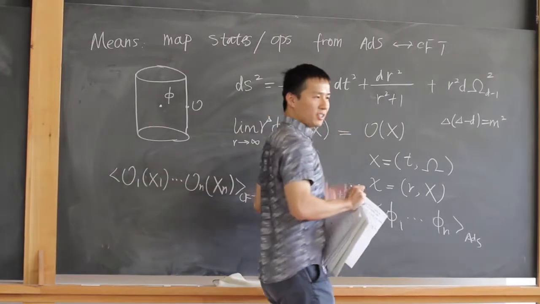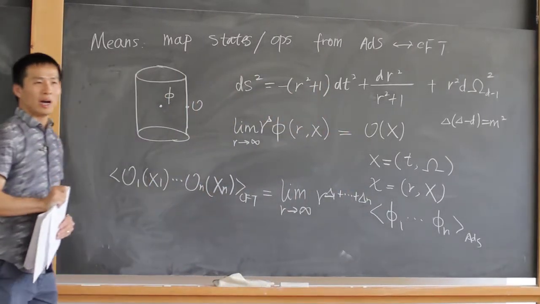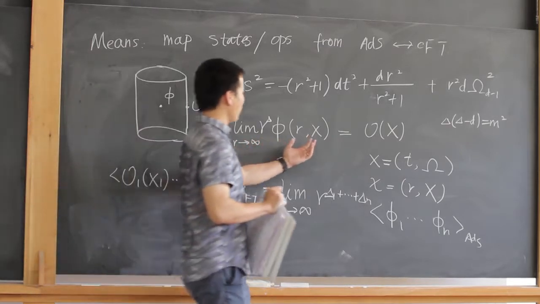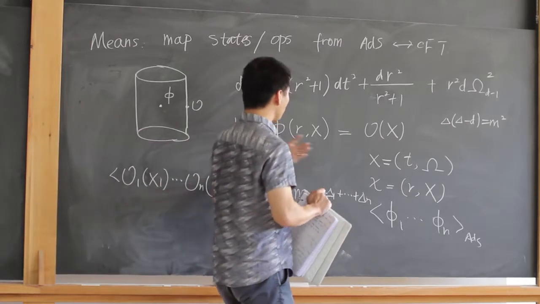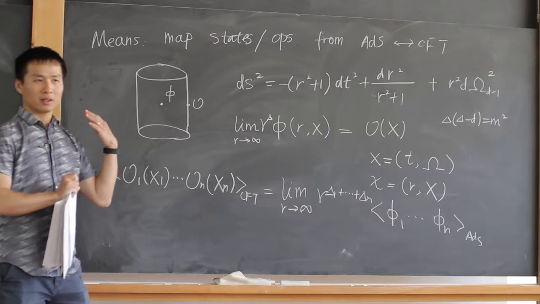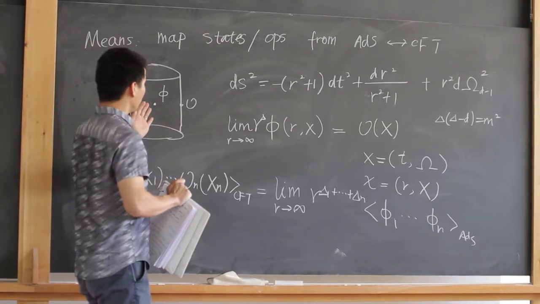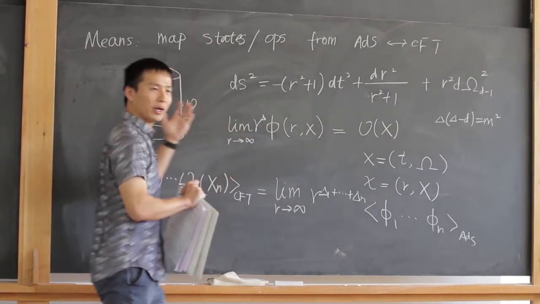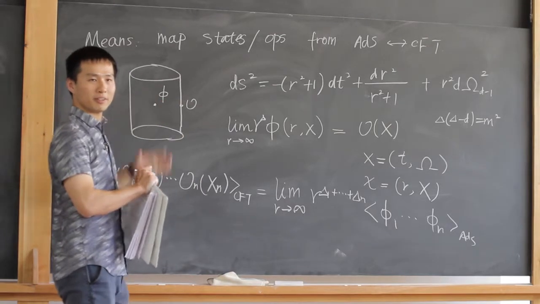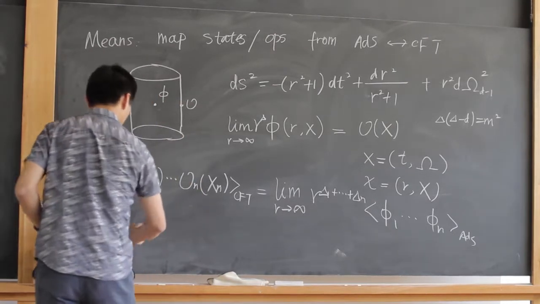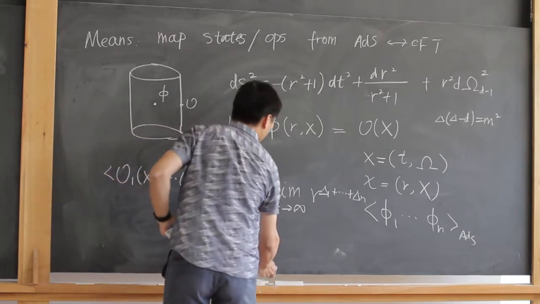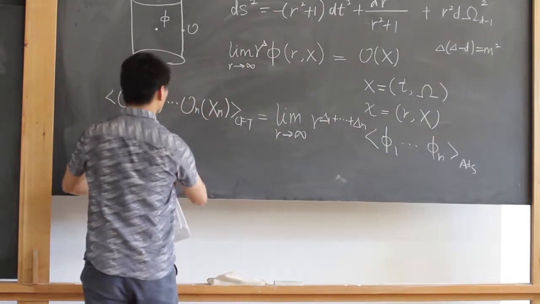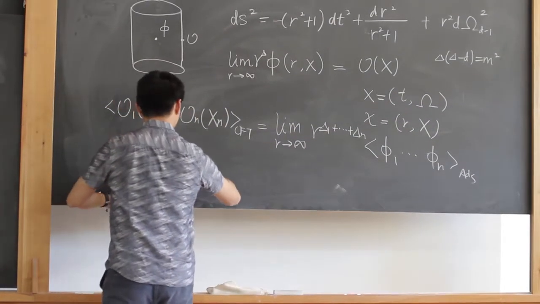This is only part of the dictionary. We should ask how to map operators from the other side, how to back away from the limit. So what is a bulk operator without taking the boundary limit? What is the bulk operator in terms of the CFT data? So the question is, what is phi itself?